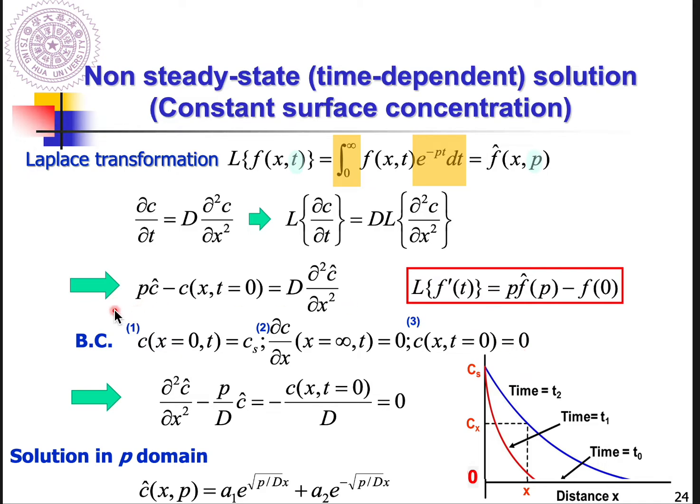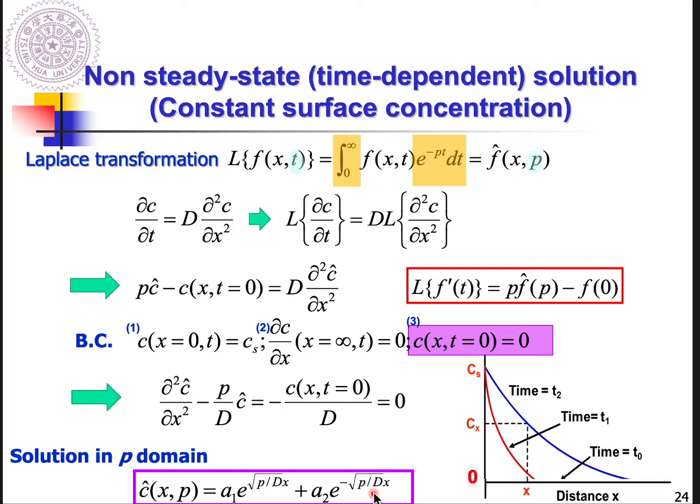Okay, so in order to solve this diffusion equation, first of all, we use the third boundary condition. This term equals 0, so you only have this term and this term left, equal to 0. From this you can get the solution: C hat can be expressed like this in the p domain. We successfully get the solution C hat in the p domain.